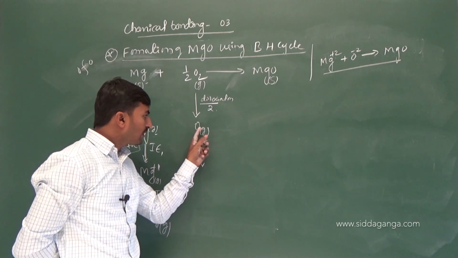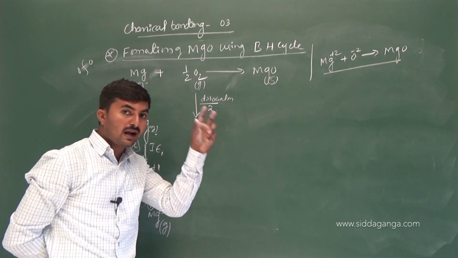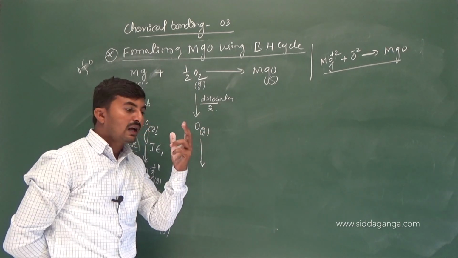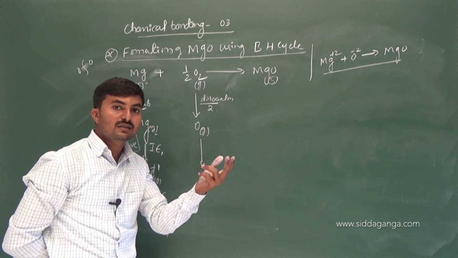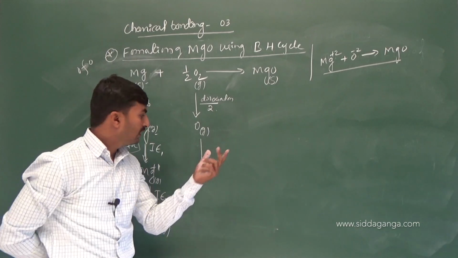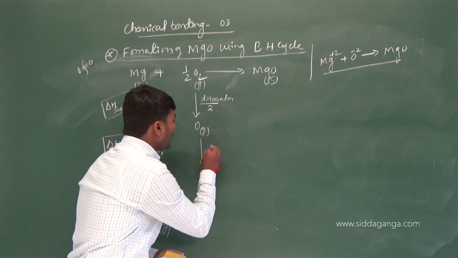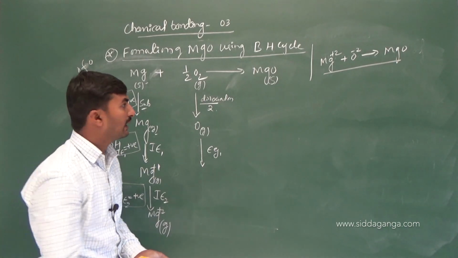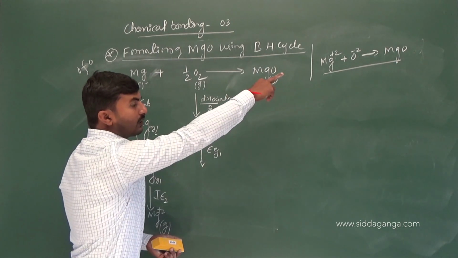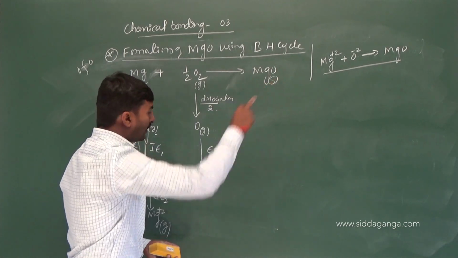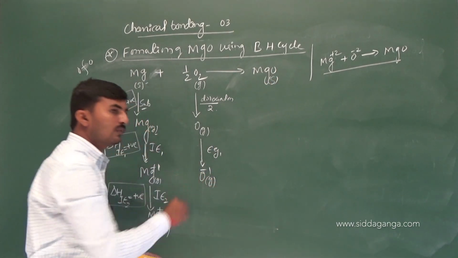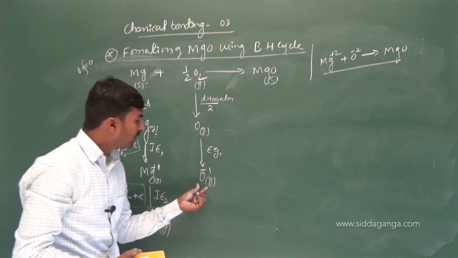When an electron is added to the valence shell of a gaseous atom, there is an enthalpy variation, a change, and energy is released during that reaction. That energy is nothing but electron gain enthalpy. We can call it first electron gain enthalpy, because we need to add one more electron into this, and this is converted into O minus 1. But what is our required oxygen?